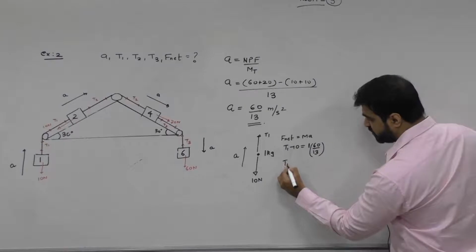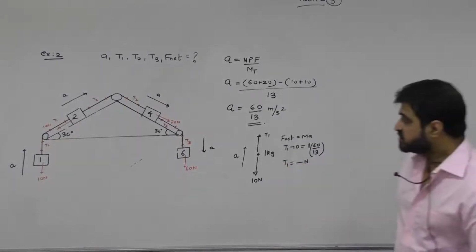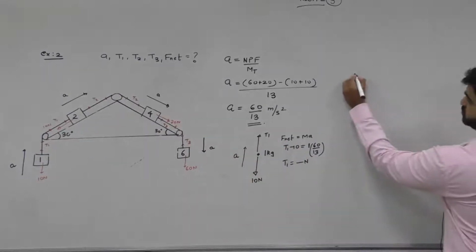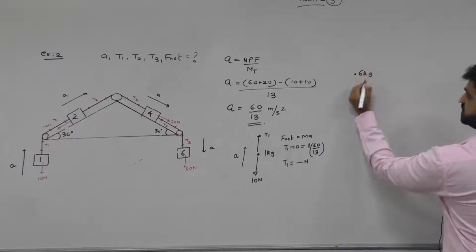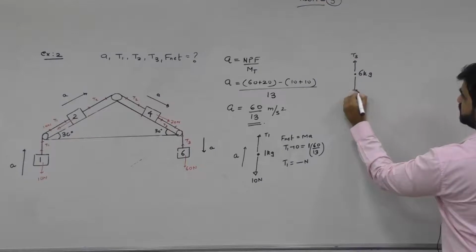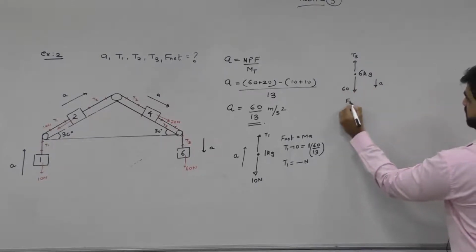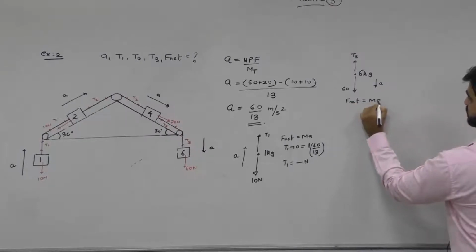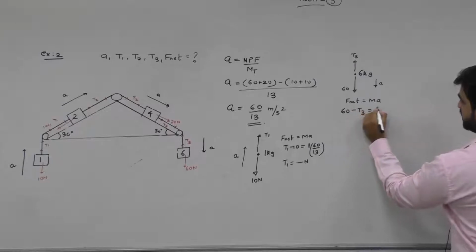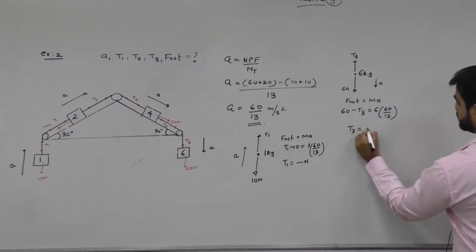You will get the value of T1 in Newton. Getting it? Next one. For T3, I'll take this. This is what? 6 kg. Up is T3. Down is 60. And where is the acceleration? Down. Net force is ma. Net force will be 60 minus T3 is m a, that is 6 into a, which is 60 by 13. You get T3 as that many Newton.